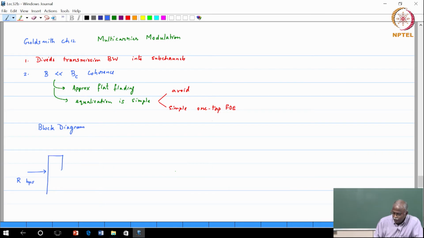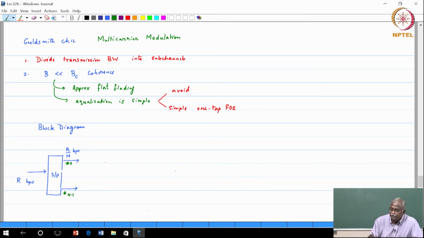I am going to do a serial to parallel conversion. I will come up with N parallel channels, each of which is containing R over N bps. So, this is channel number 0, up to channel number N minus 1.